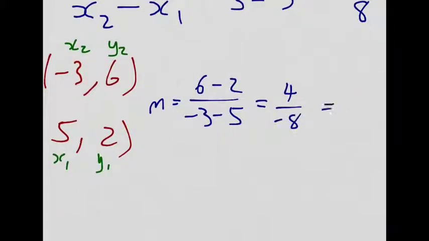That still reduces to negative 1/2. So it doesn't matter. Your mistake will come in, however, if you go 6 minus 2, y2 minus y1, and then 5 minus negative 3. That will give you a mistake. So it doesn't matter which one you call x1, y1, or x2, y2. Just make sure that if you subtract this one from this one, you also do the same with the other pair of coordinates.